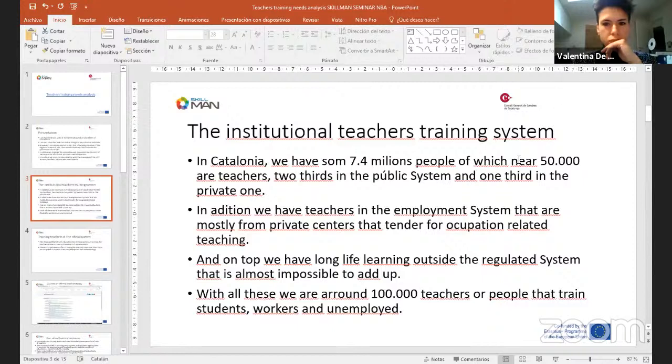In addition, we have teachers in the employment system that are mostly from private centers that tender for occupation-related teaching. And on top, we have lifelong learning outside the regulated system that is almost impossible to add up. With all this, we are around 100,000 teachers or people that train students, workers, and unemployed.